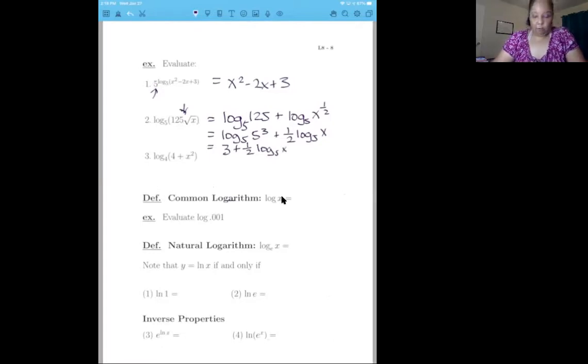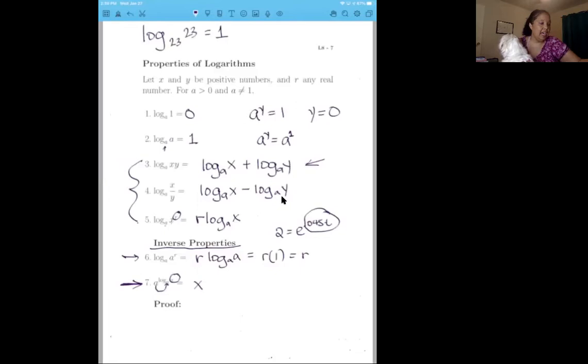All right, now number 3, log base 4 of 4 plus x squared. Now I have a 4 plus x squared inside my logarithm. I actually can't do anything with this. All right, our property said if I was inside a logarithm with, let me pause.